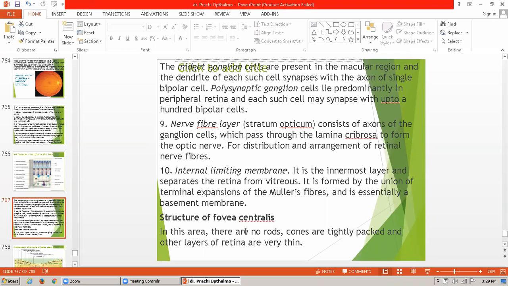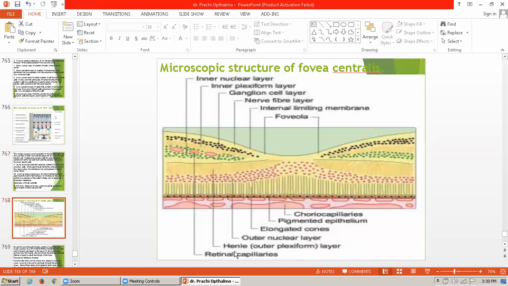Then the structure of the fovea centralis. In this area there are no rods, cones are tightly packed, and the outer layers of the retina are very thin. The microscopic structure of the fovea centralis shows the inner nuclear layer, that is this green spot.